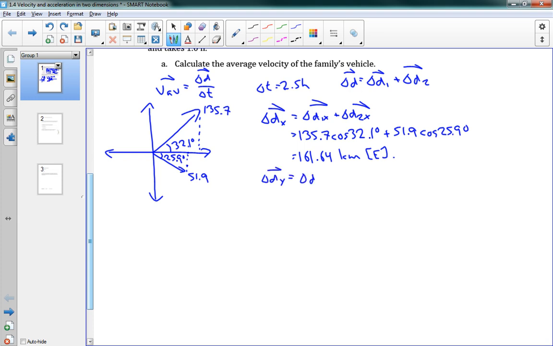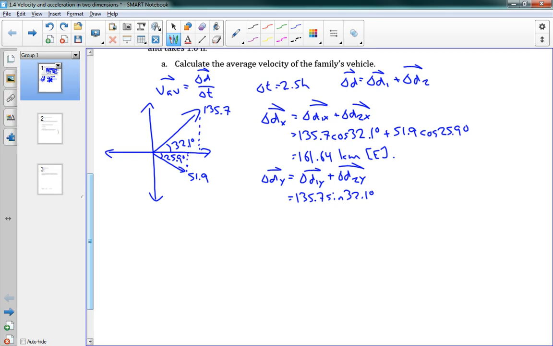And now we can do displacement y. Okay, so again we just add them together, displacement 1y, displacement 2y. And now we're using the sine ratio. Now this first one was positive. The second one is negative, it's pointing downwards.